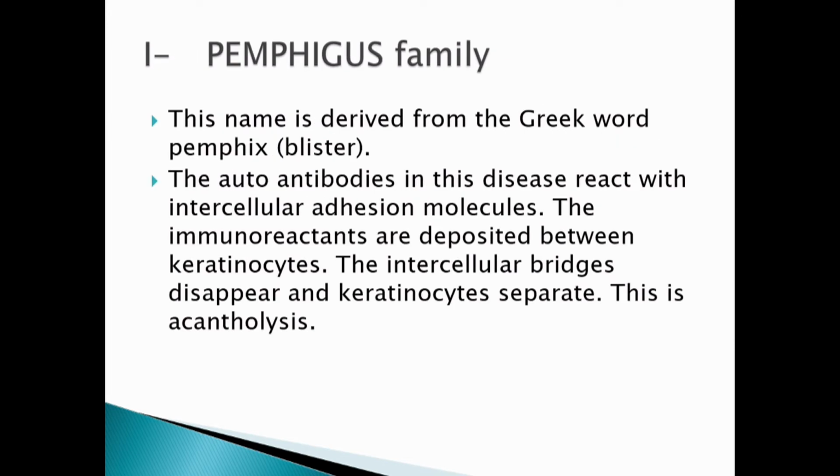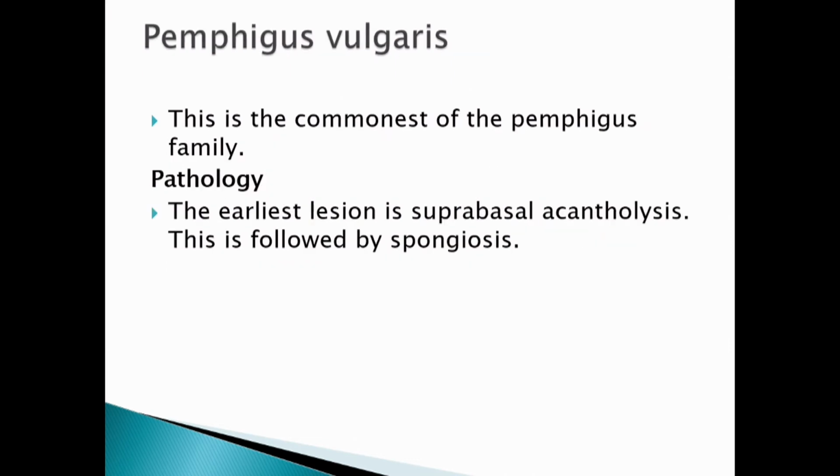The first group of diseases from the immunological bullous diseases is the pemphigus family. This is called in Arabic al-fuqqa' al-jildi. Pemphigus vulgaris is the most common of the pemphigus family, and here the pathophysiology goes as follows.